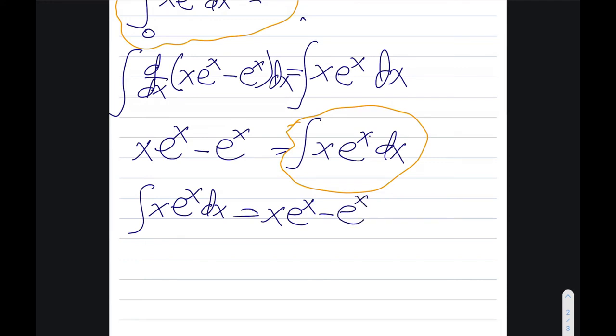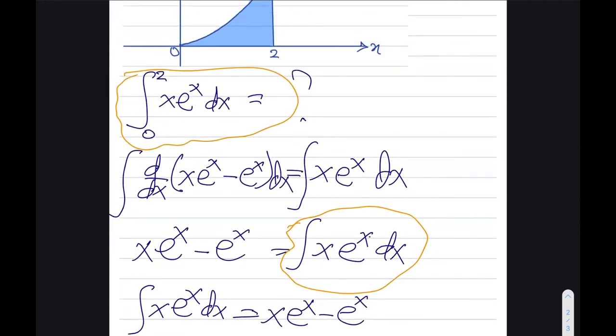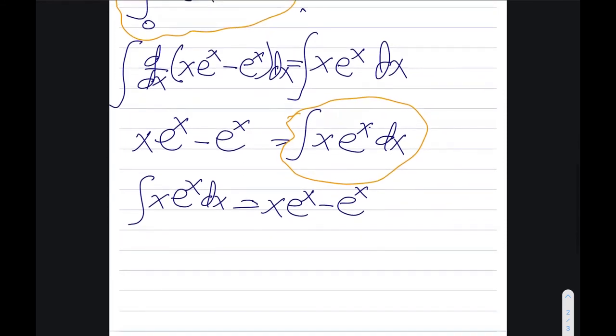Now, the question says we should integrate from 0 to 2, right? So now what this means is that if we are integrating from 0 to 2, and this is what we have as a result of integration, then we must deal with the boundaries as well. So what we do is to input 2 into where we find x, then minus, we input 0 into where we find x, and then we are done.